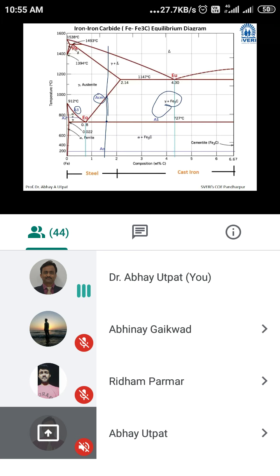There is no Fe3C here. Gamma remains gamma, and Fe3C again dissolves into austenite. So from here to here, 100% austenite. As soon as you cross this solidus line, melting starts. Austenite plus liquid. Amount of austenite goes on decreasing, and as soon as you cross this liquidus line, there is 100% liquid. So this A4 temperature is from 727 to 1147.